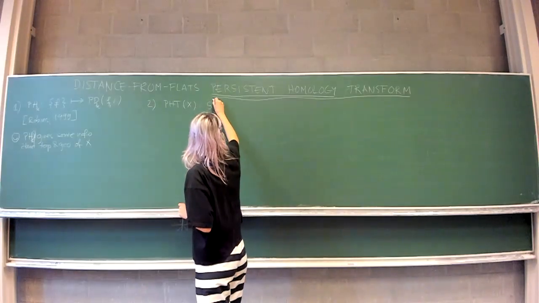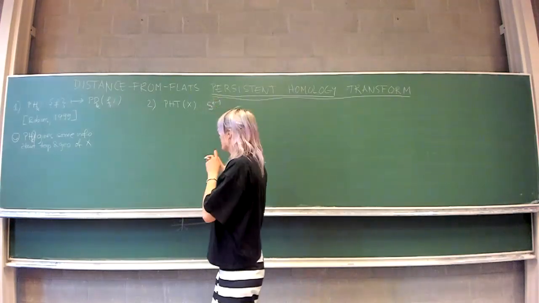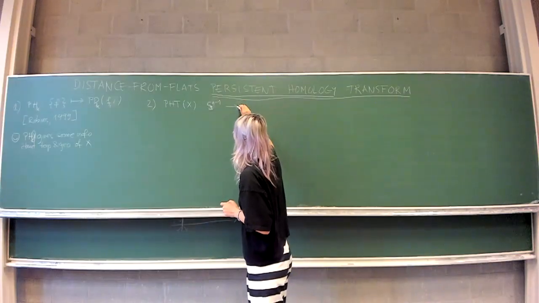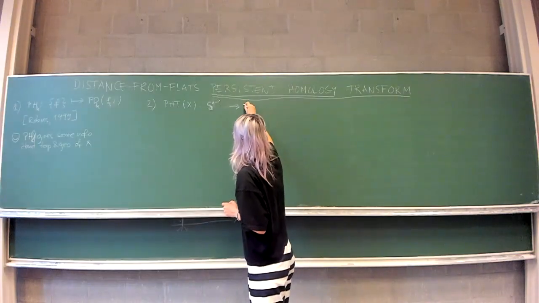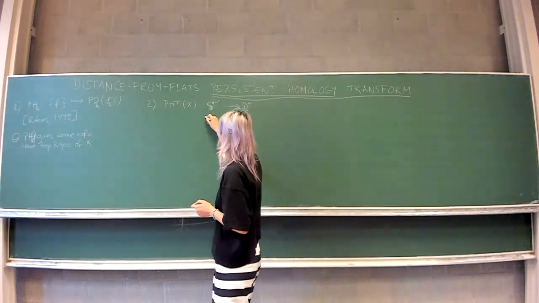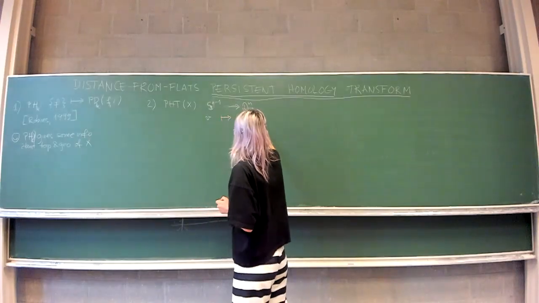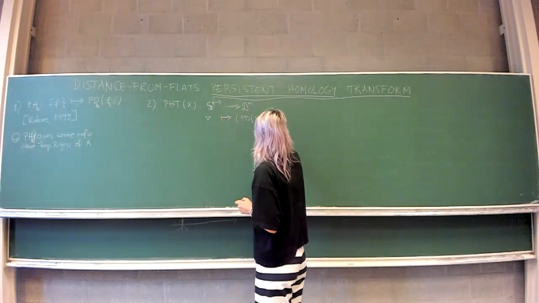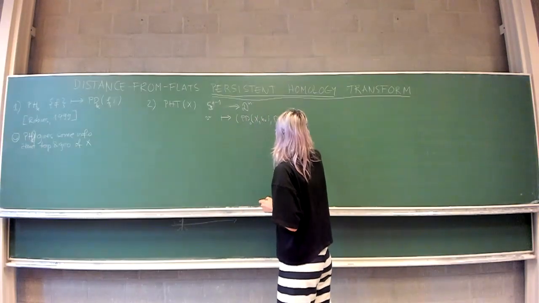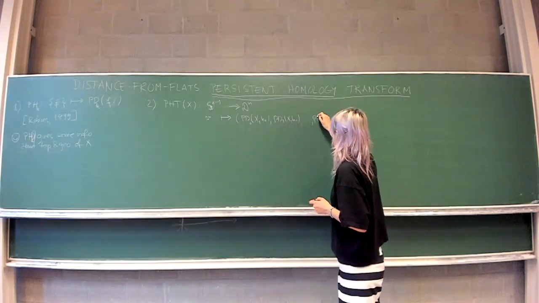So what is the PHT doing? Well, it takes as input the sphere, and it goes to the space of persistence diagrams. So we take a unit vector on the sphere, and we map it to its persistence diagram.